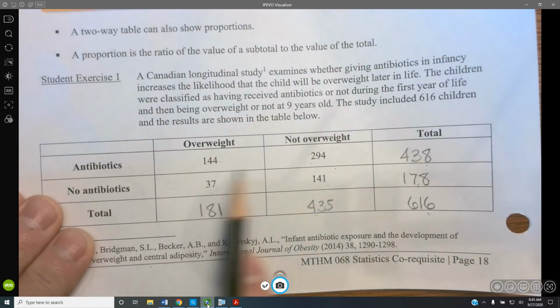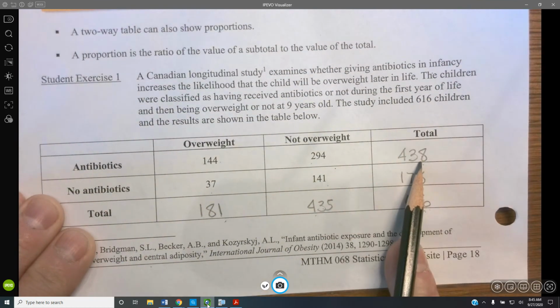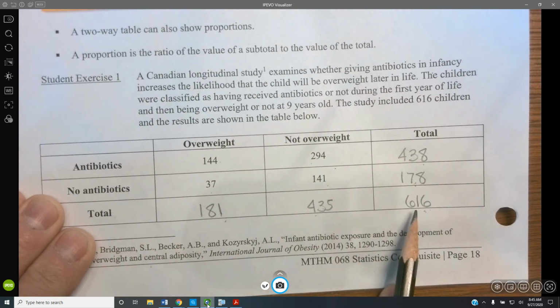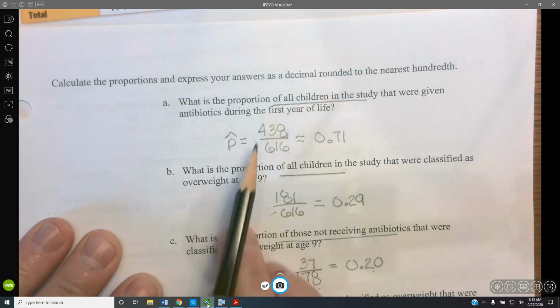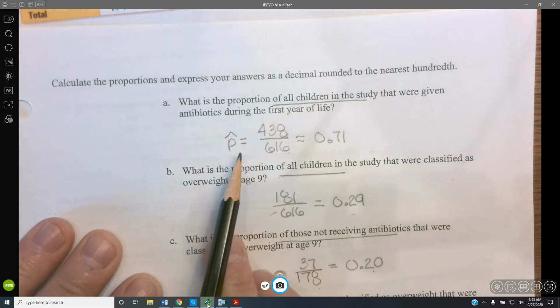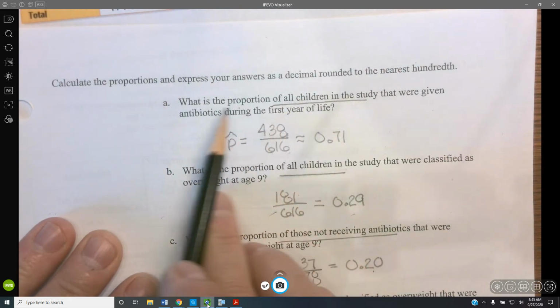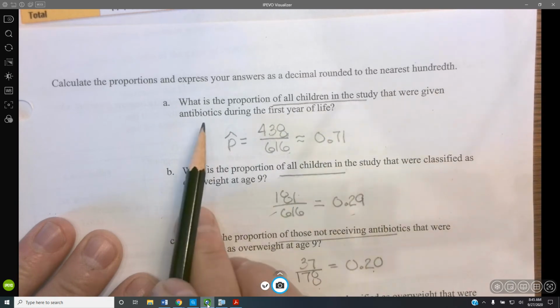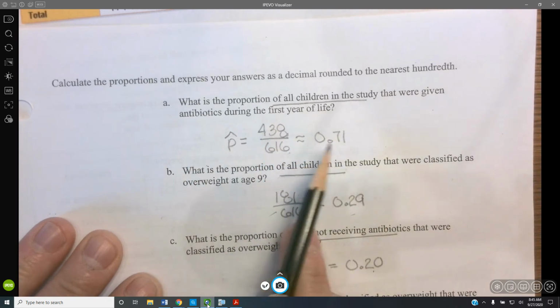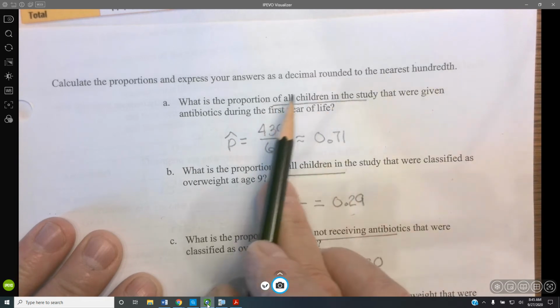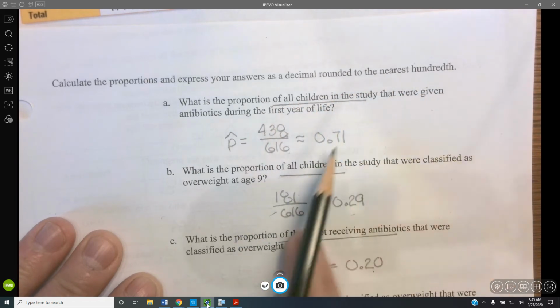This first row, given antibiotics, 438. Of those in the study, 616. So my very first one, my p-hat, and this is how it's labeled, p-hat, the proportion of all children who were given antibiotics in the first year is 438 out of 616, approximately 0.71, because the problem said to round to the nearest 100th.